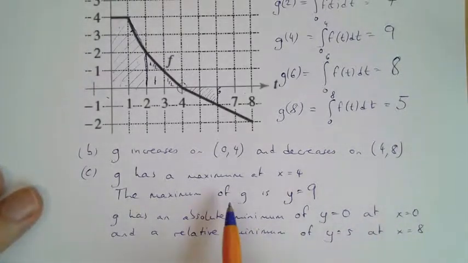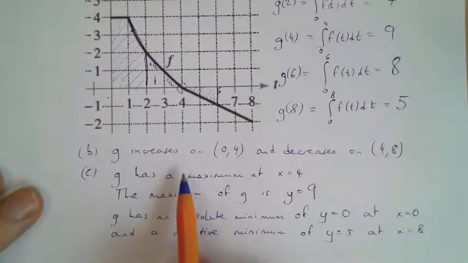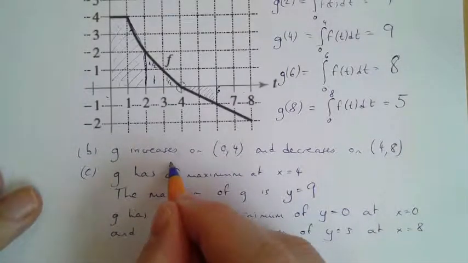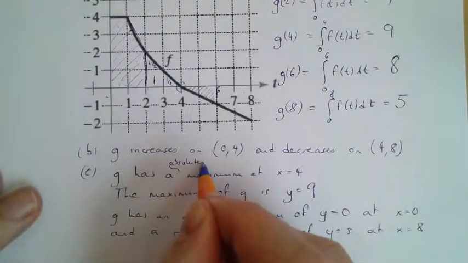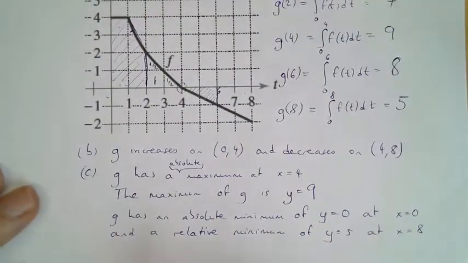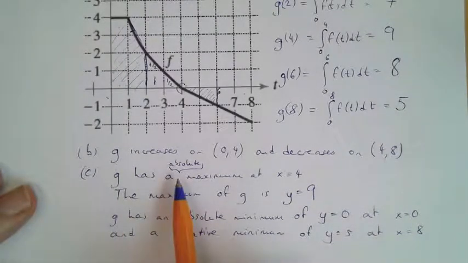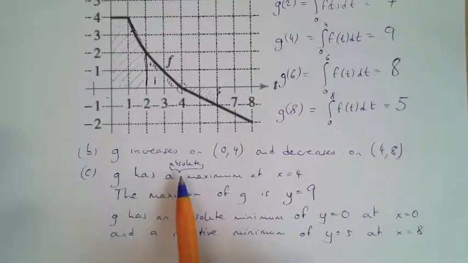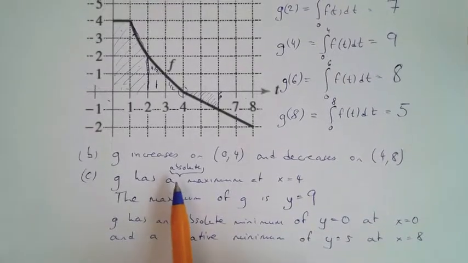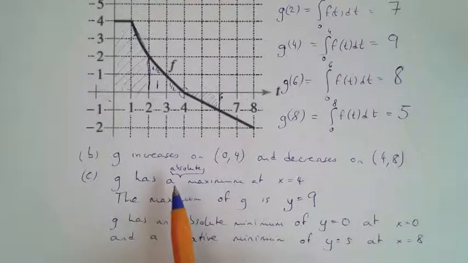Now that I specified absolute and relative, I want to also add here that this is an absolute maximum, but an absolute maximum is also a relative maximum. So it's special to be absolute, but every maximum is a relative maximum.